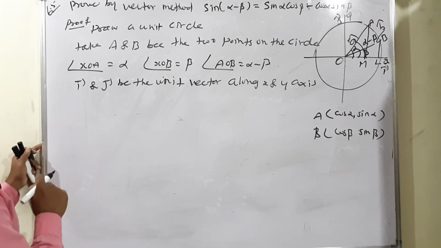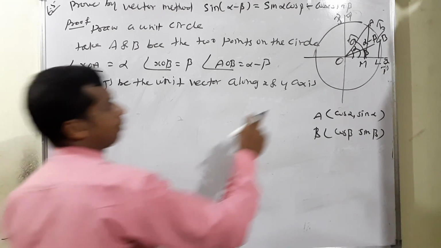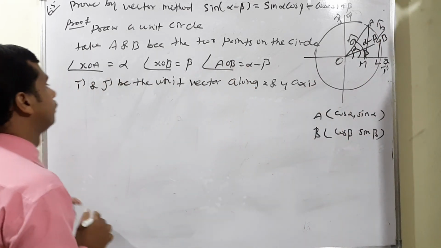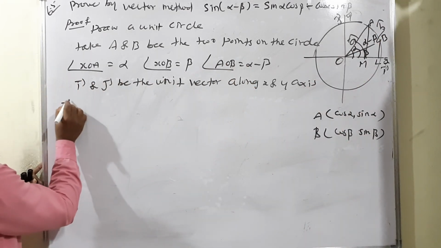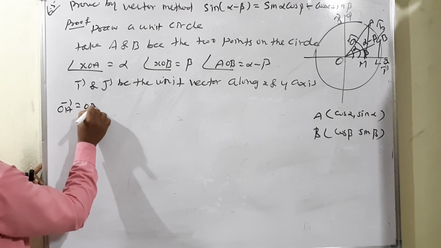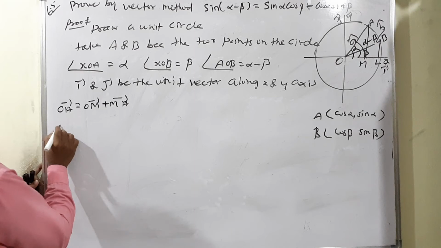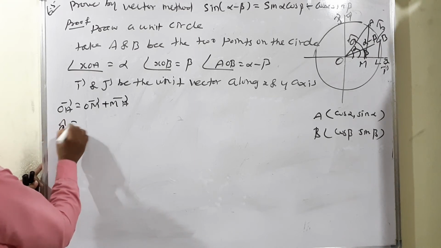Okay. Now first consider OM, O to A. O to A, what will happen? So OA vector is equal to OM vector plus MA vector. Again, OA vector is already A cap, isn't it?